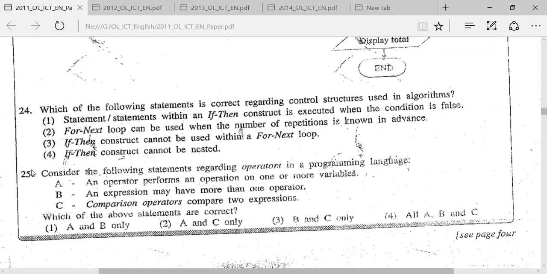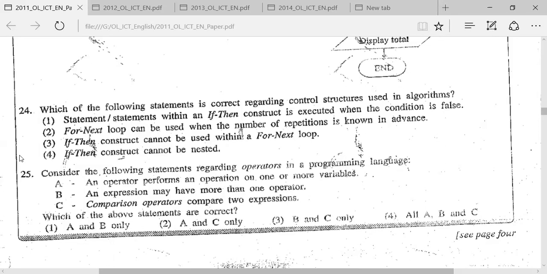Question number 25. Consider the following statements regarding operators in a programming language. We already studied the operators.